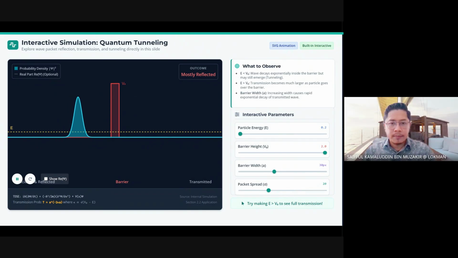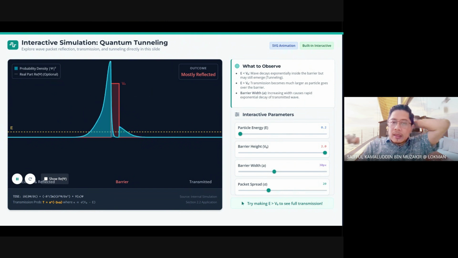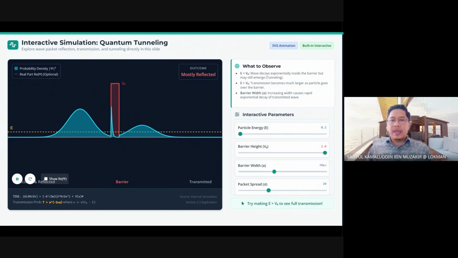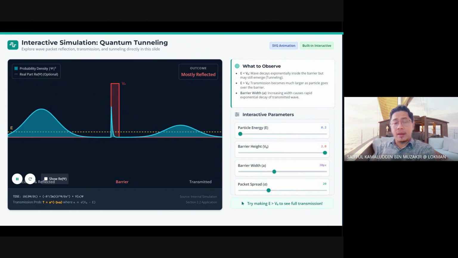So what else could we play around with? You have seen just now that the wave does not simply stop. Instead, it decays a little bit or much more. It decays inside the barrier and a smaller part appears on the far right-hand side.